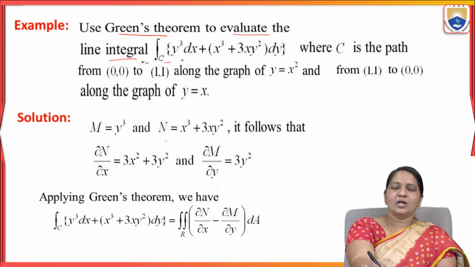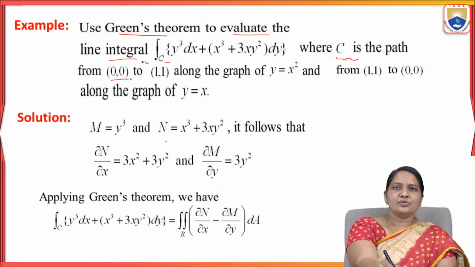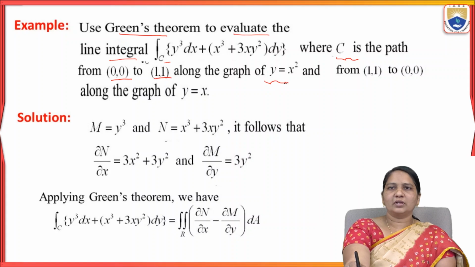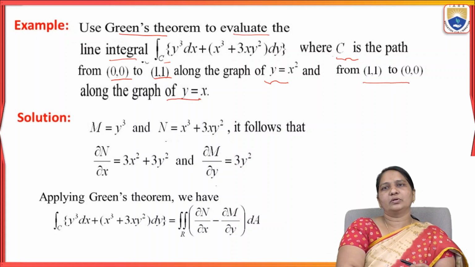Integral over C of y cube dx plus (x cube plus 3x y square) dy, where C is the path from 0, 0 to 1, 1 along the graph y equal to x square, and from 1, 1 to 0, 0 along the graph y equal to x.